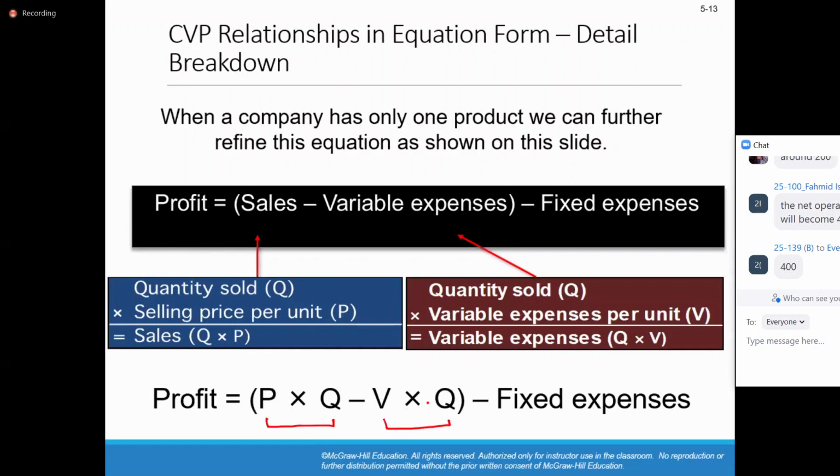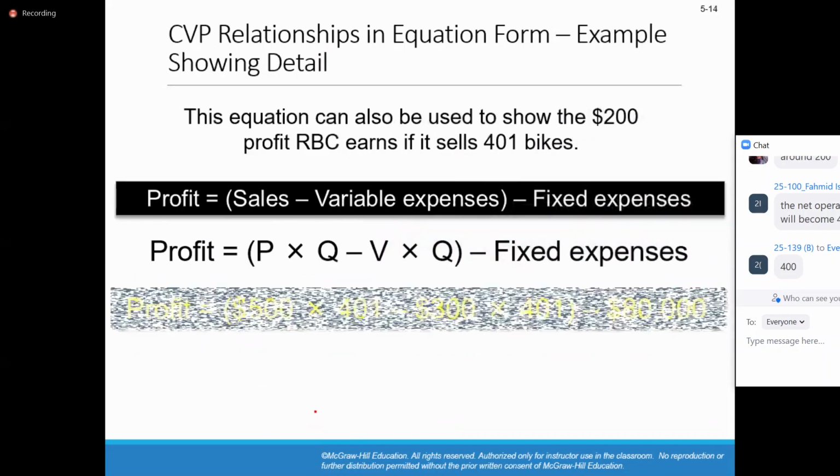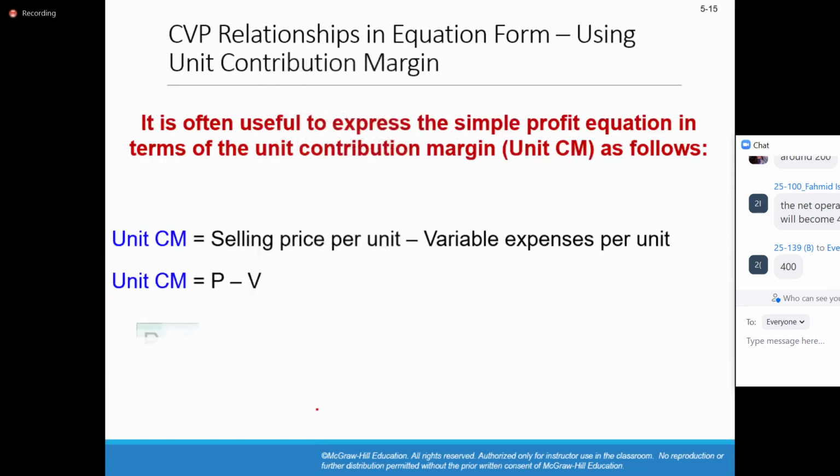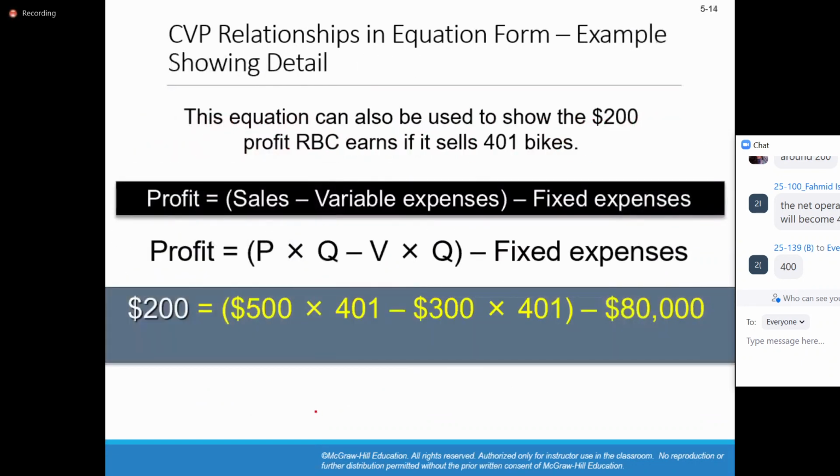So when a company has only one product, we can use this simplest form, but companies selling a single product are very few in number. So we need to do this calculation a number of times, depending on the number of products.